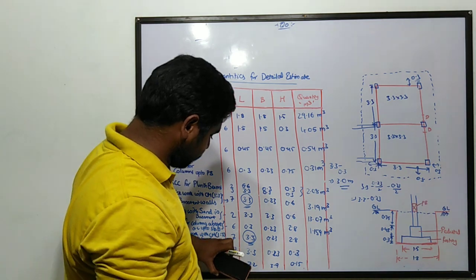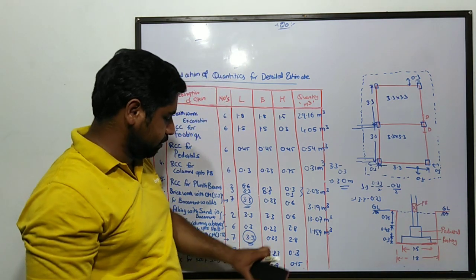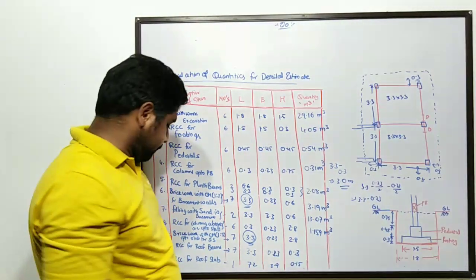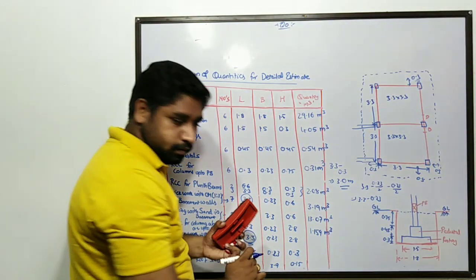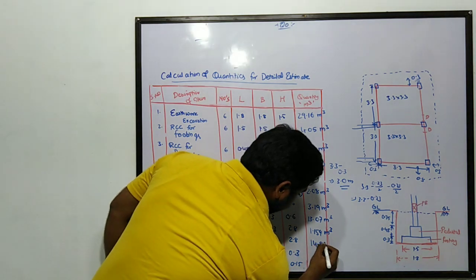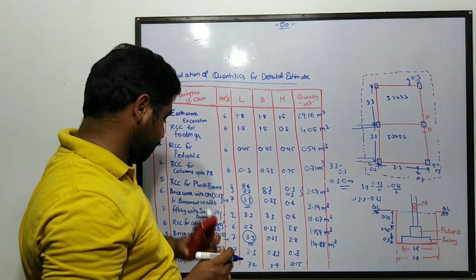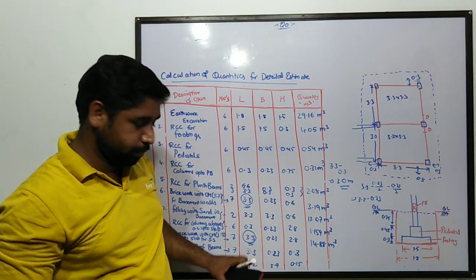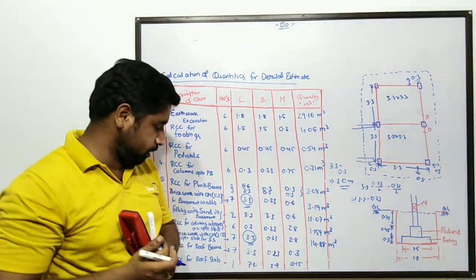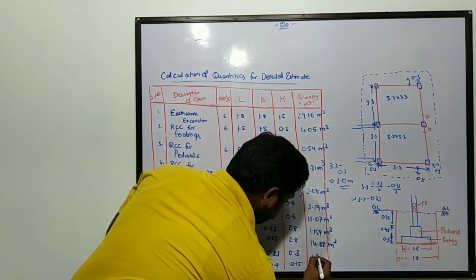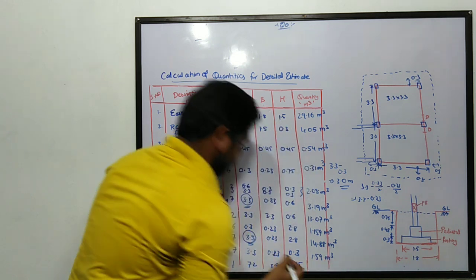So 7 parts are there. 7 into 3.3 into 0.23 into 2.8. That is around 14.88 meter cube. Next one, RCC for roof beam. 7 into 3.3 into 0.23 into 0.3, that is around 1.59 meter cube.